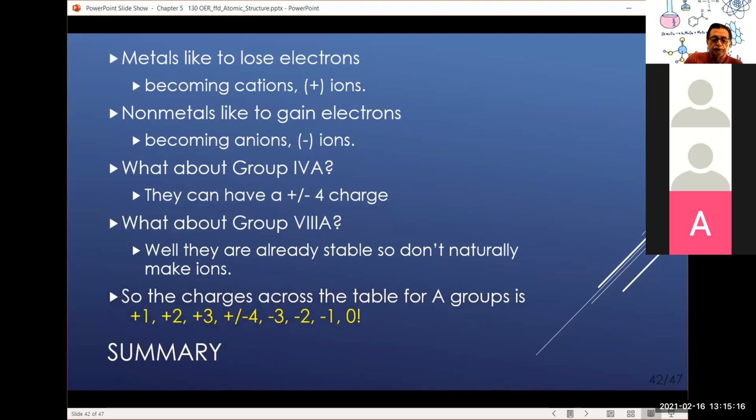Going across the board from the far left, only speaking about the A elements, we go from +1, +2, +3 to group 4, which can have a plus or minus 4, and then group 5, -3, -2, -1, and then a 0 charge. Those are the corresponding charges or oxidation numbers that the elements in each group can have.